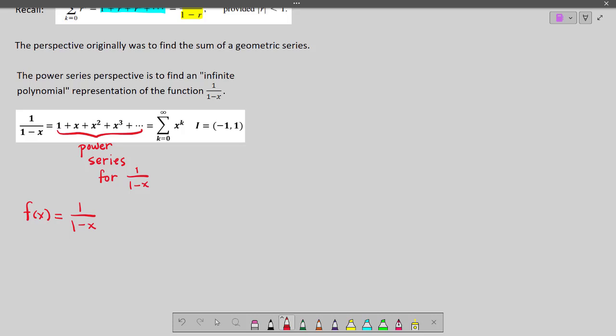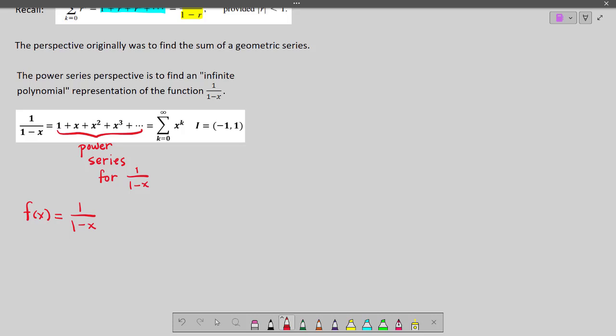That's what this is saying. Okay? So there is more than one way to build a Taylor series. Typically, when we build a Taylor series, we're doing all these derivatives, but it turns out that if we can find a power series for a function, it will be the same as the Taylor series.